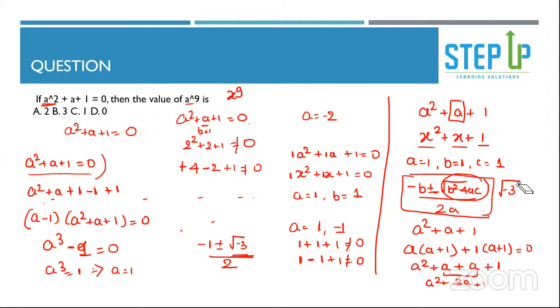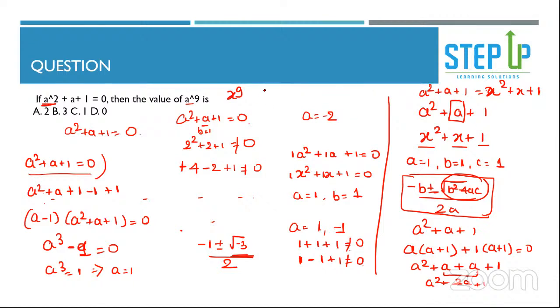No. What is the value you are taking for b? B is equal to a. No, b cannot be a, because if your equation is a square plus a plus 1, then this is nothing but in the form of x square plus x plus 1. Right?